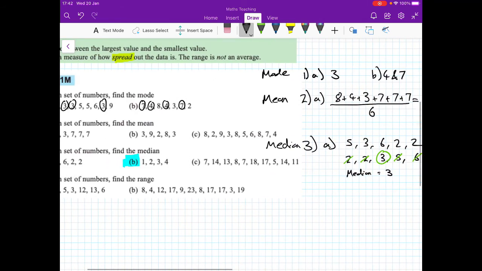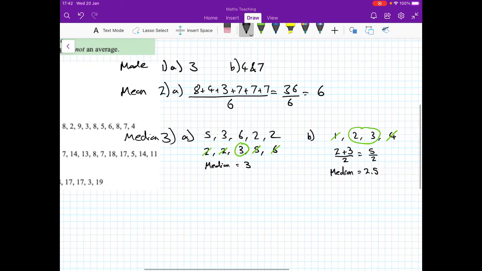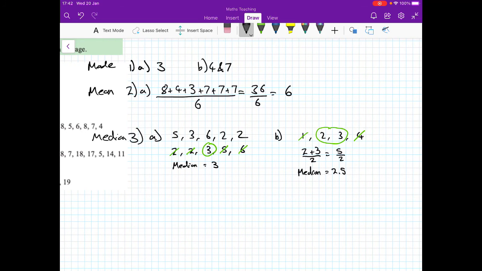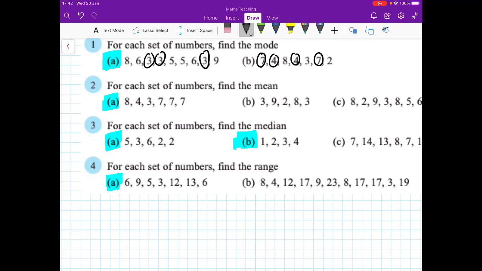One final example. Question 4, you're asked to find the range. The key thing here is to find the lowest value and the highest value, and then the range is equal to the difference between those two things.